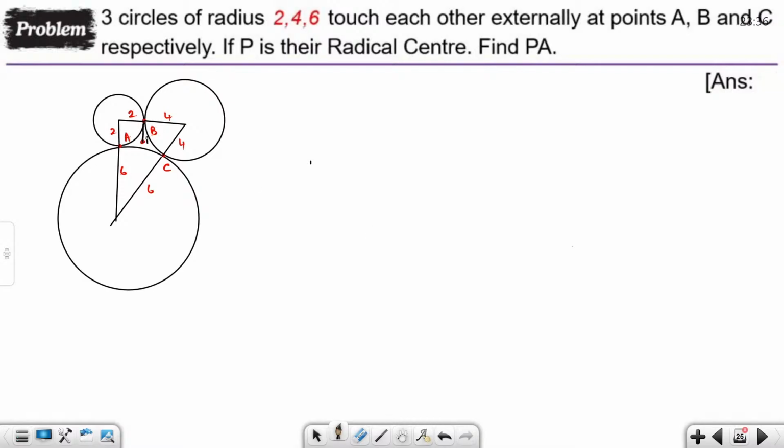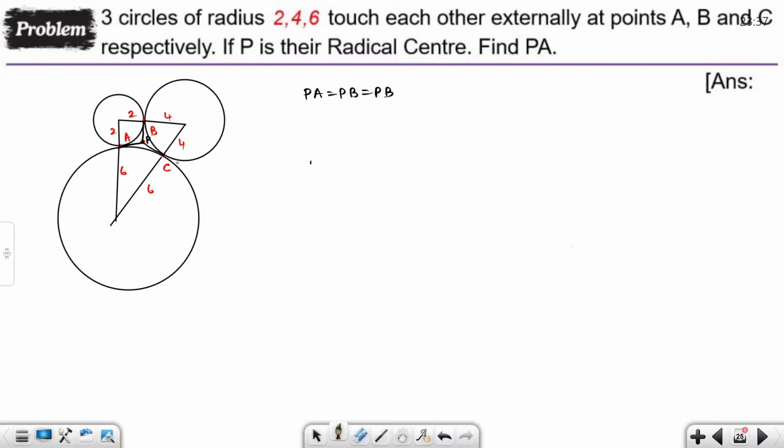This is my P. Since P is the radical center, PA, PB as well as PC will all be the same, because we know that from the radical center, if we draw tangents to the three circles, their lengths are going to be equal. Am I correct or not? Okay, so how to find out the length PA? Either you find PA or PB or PC, all are the same.